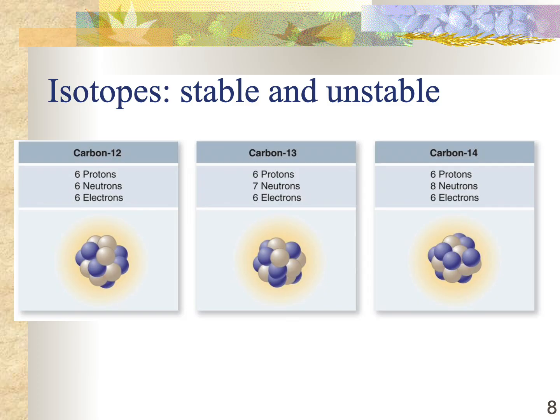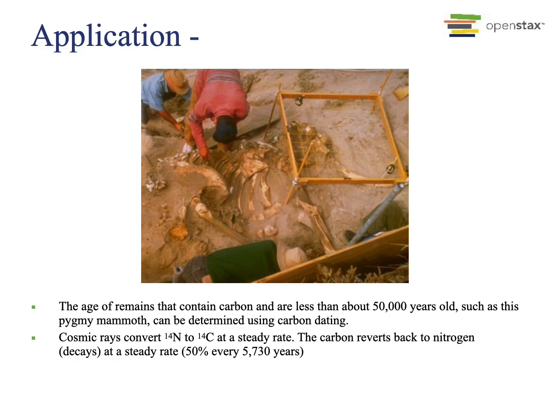They will actually radioactively give off a particle to change their identity. Isotopes are useful in that the rate at which radioactive isotopes decay can be used to date things. Here, cosmic rays convert nitrogen to carbon-14 at a steady rate.